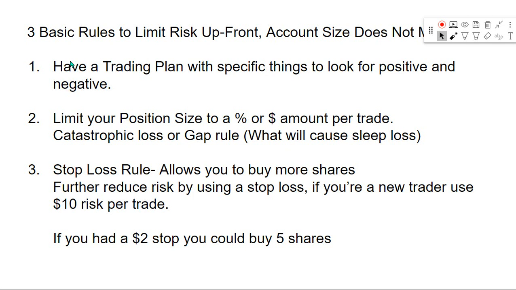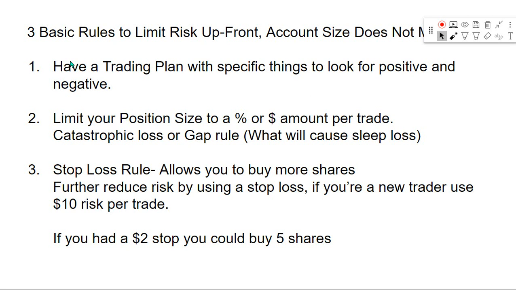Limit your position size to a percent or a dollar amount per trade based on your account size and your experience. I call it my catastrophic loss or gap rule. What will cause you some sleep loss? Then we have a stop loss rule. This actually allows you to buy more shares than you would otherwise normally allow yourself to buy based on a stop loss.